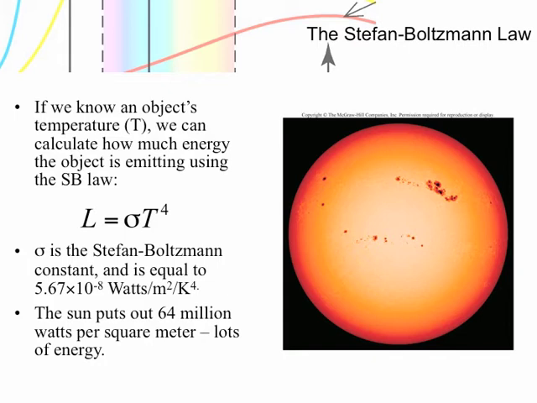Stefan-Boltzmann law allows us then to take that temperature, take it to the 4th power, and multiply by a different constant to determine the luminosity, how much radiant energy the object gives off. Using Stefan-Boltzmann law has allowed us to determine that the sun outputs about 64 million watts per square meter.